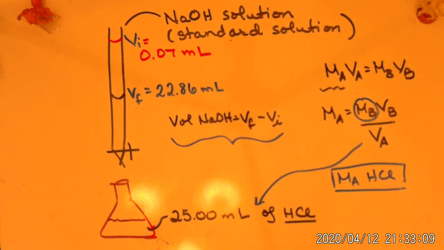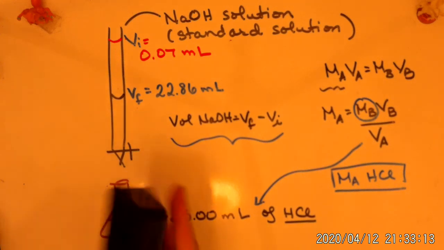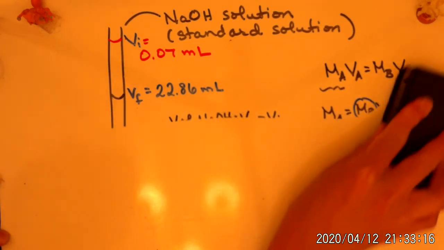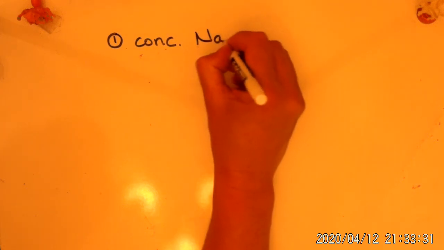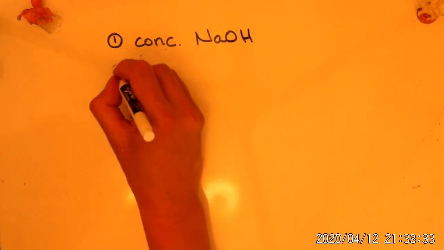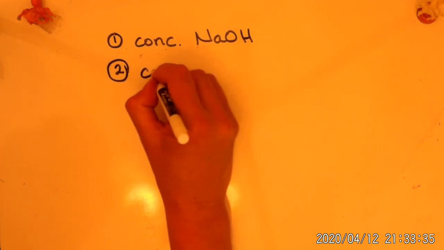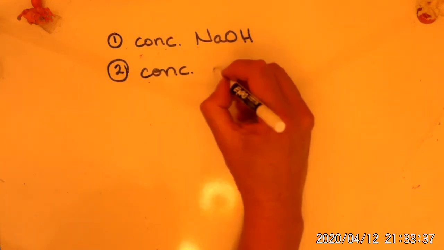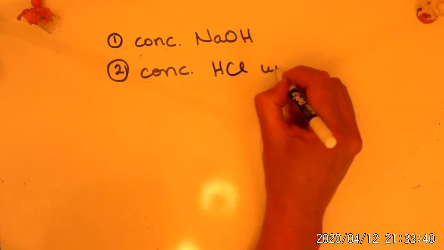Okay, so in summary, what are you going to do for this lab? You are going to use the data given to you from these sets of slides, this video, and you're going to report 1, the concentration of your sodium hydroxide solution, and 2, you're going to give me the concentration of your HCl unknown.